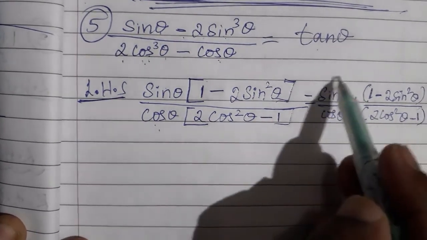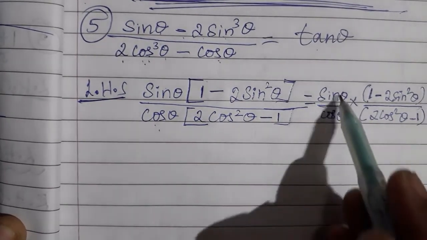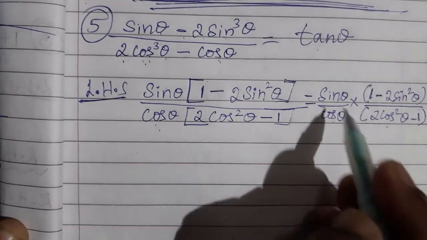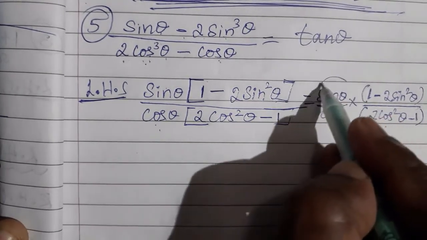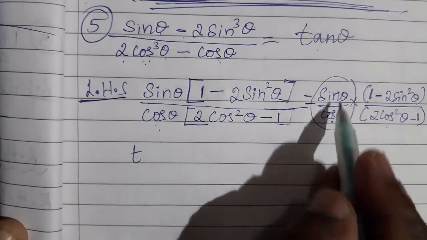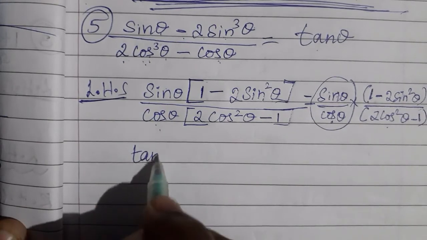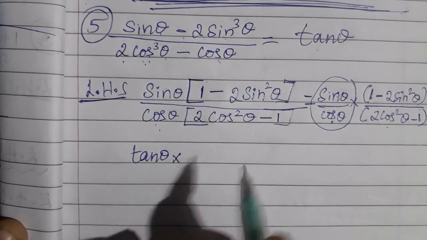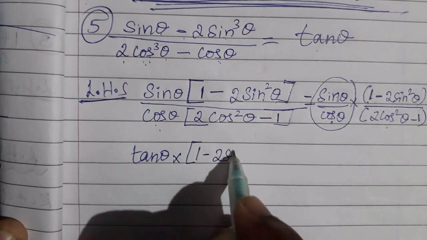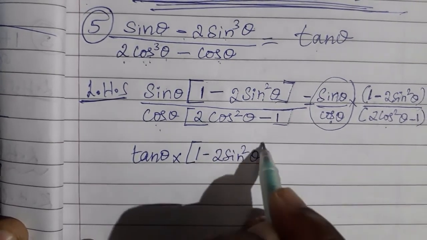Now this I'll retain as it is, because sin by cos is tan, I know. I have to simplify this. So sin theta by cos theta is nothing but tan theta. So I'll replace sin theta by cos theta with tan theta into this numerator 1 minus 2 sin square theta. I will keep it as it is.